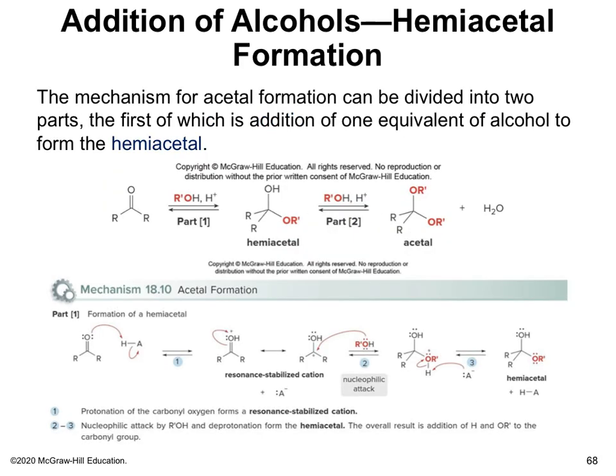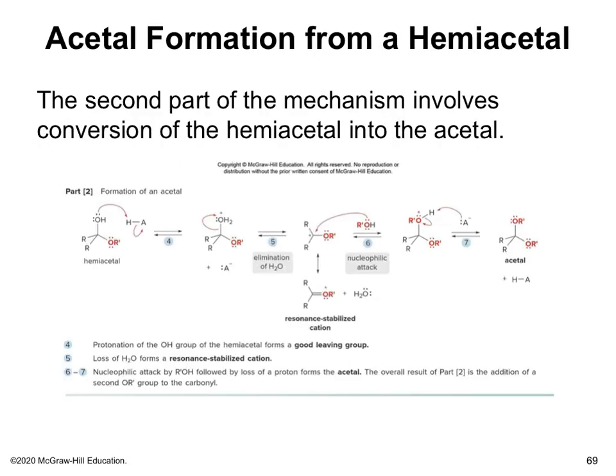So this is showing you how to form the hemiacetal mechanism. You protonate the carbonyl oxygen, and then the nucleophile attacks, and then you have to deprotonate the alcohol to get you the hemiacetal. Then to go to the acetal, you take this hemiacetal, you got to protonate the OH to make it a good leaving group. This is what I want to see.